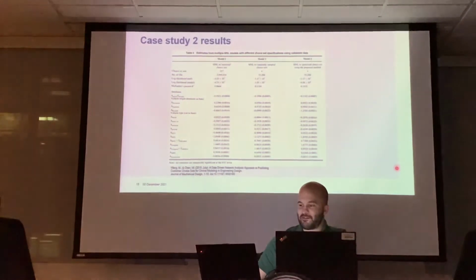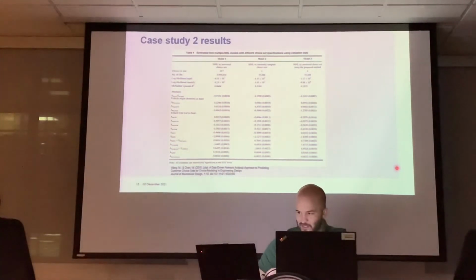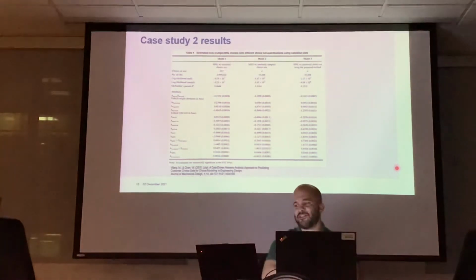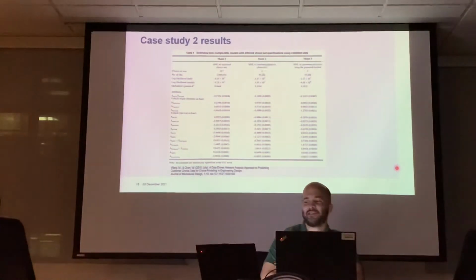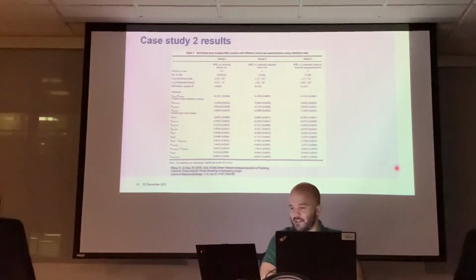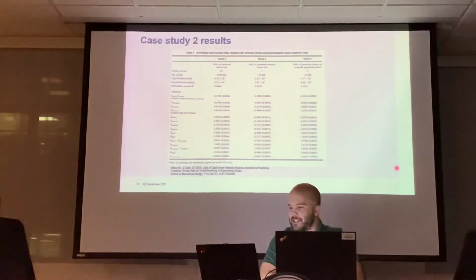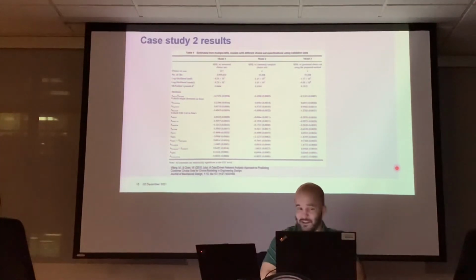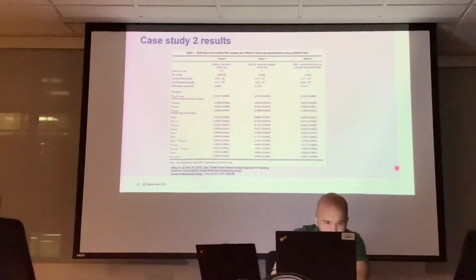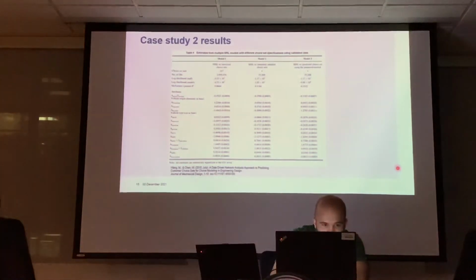Here are the results from case study 2. Three models were used. One had a universal choice set, one had randomly sampled choice sets, and the last was with the predicted choice set, which the paper is discussing. After all these calculations, the estimated coefficients derived in models 1 and 2 end up looking very similar.